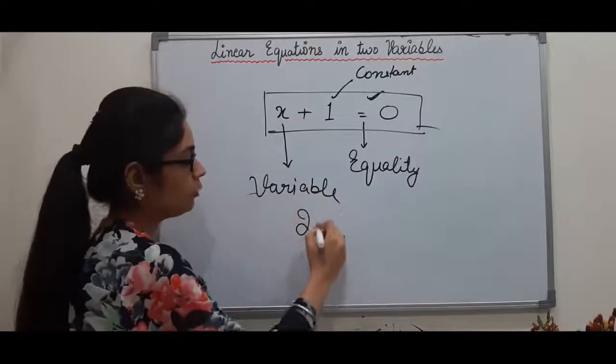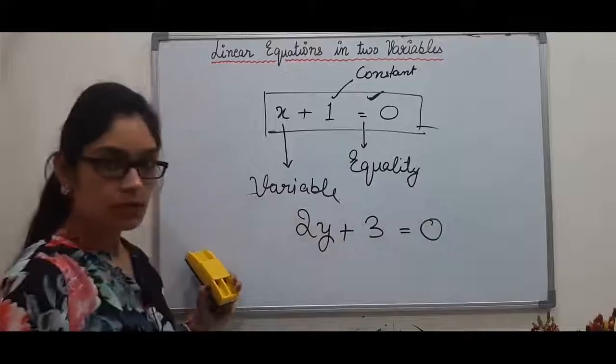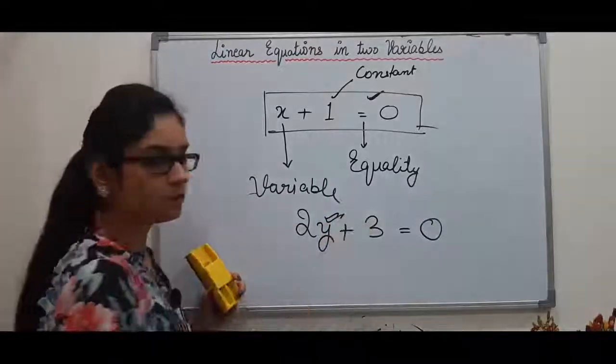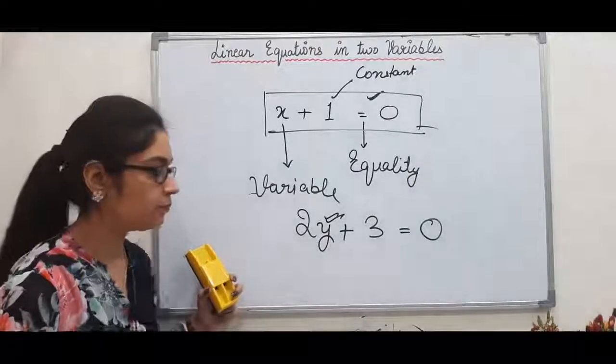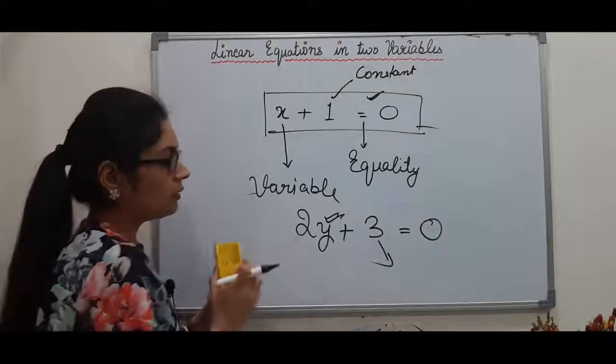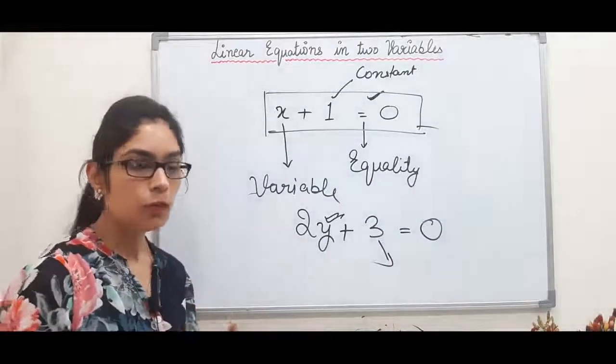If I take 2y plus 3 is equal to 0, this is again a linear equation in one variable, because only one variable we can see here and one constant. Now let us move forward towards linear equation in two variables.